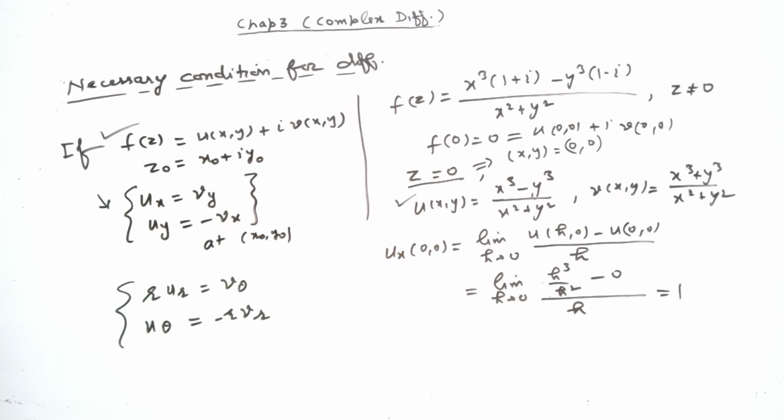Similarly, you can write the other three partial derivatives. uy at (0,0) you will find minus 1, vx at (0,0) is 1 and vy at (0,0) is 1.